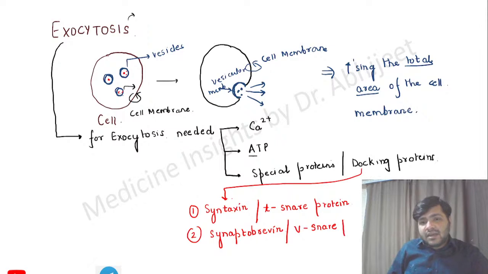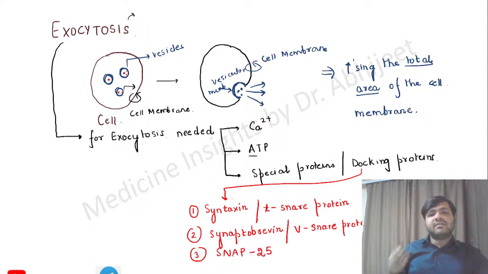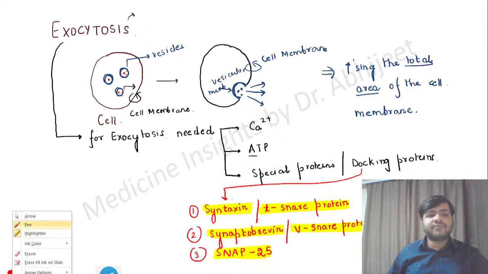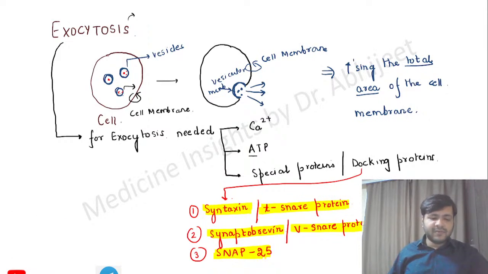And the third one to remember, guys, is one of the important ones, that is the SNAP protein, SNAP 25. All these three examples you have to memorize: syntaxin, also called the T snare protein, synaptobrevin, also called the V snare protein, and SNAP 25.